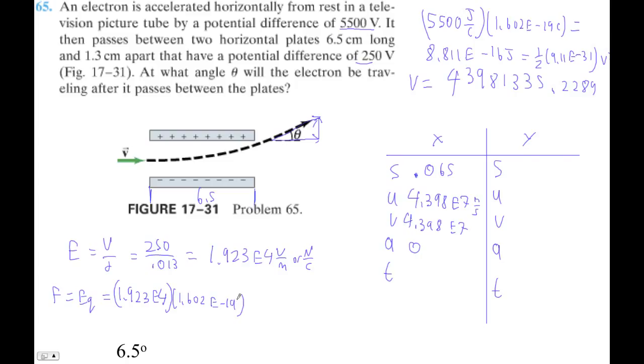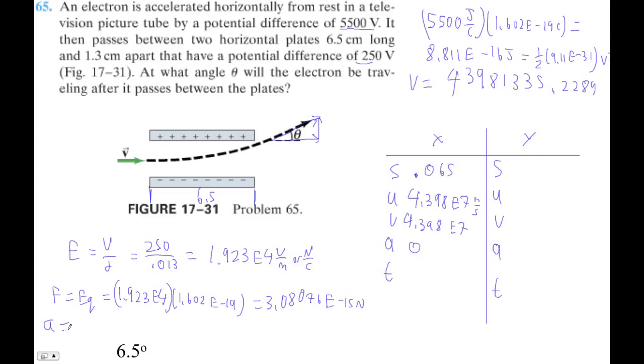I'm going to store that in C. So times 1.602 e minus 19, and I get that it's 3.08076 times 10 to the minus 15th newtons.